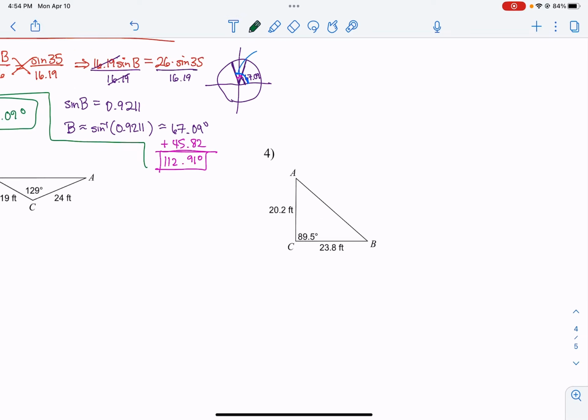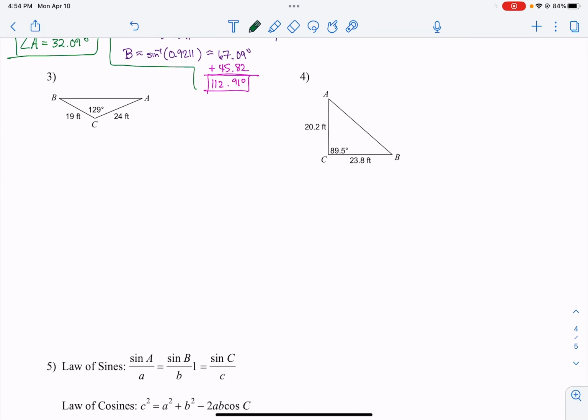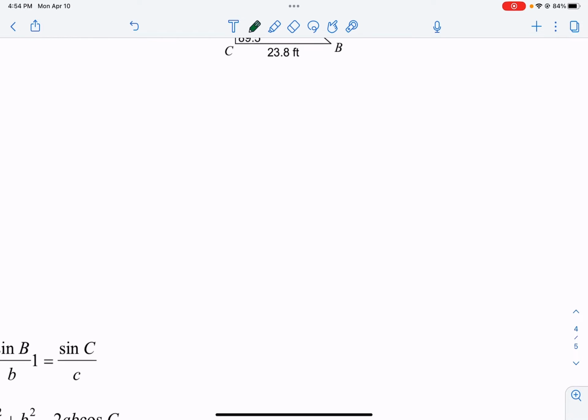The only other thing I need to mention, which unfortunately is not on the review, I think I'm going to go over it in class, is the visualization of vectors.